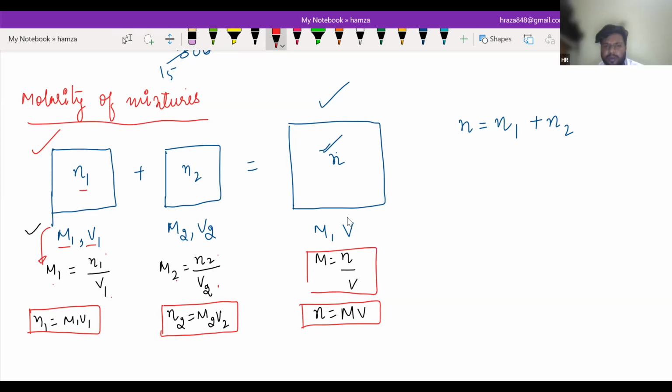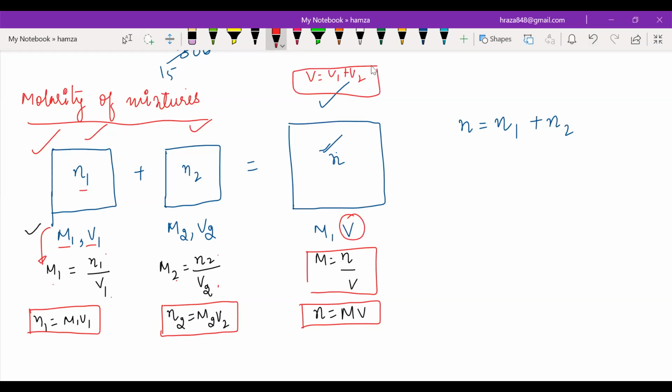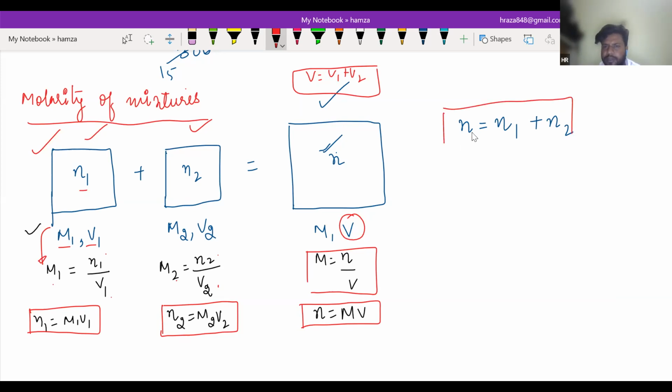Now see, can you tell me the value of V? Since we are mixing V1 and V2, V will be equal to V1 plus V2. Yes or no? Now see, I wrote this mathematical equation N is equal to N1 plus N2. N has a value M into V, N1 has a value M1 V1, N2 has a value M2 V2.